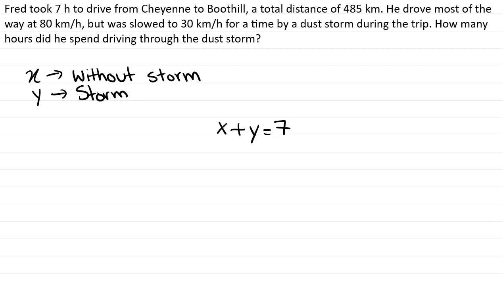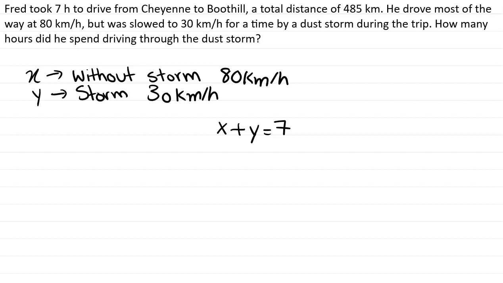Without the storm, Fred drove at an average speed of 80 kilometers per hour. But with the storm, he slowed down to 30 kilometers per hour for a time by the storm during the trip.